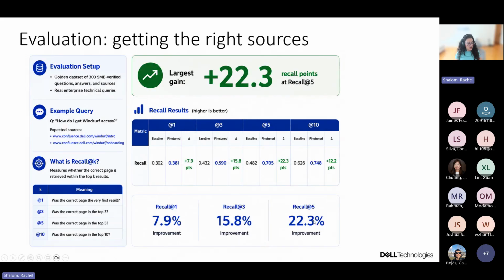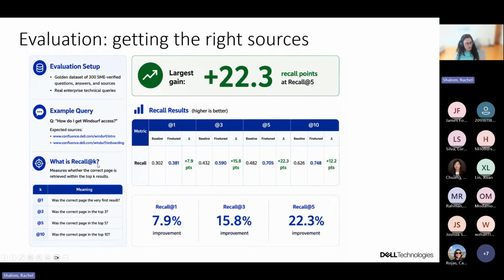But this is an application, so what I really want to check is the quality of the answers. So the evaluation setup was, we had 300 SME verified questions that we tested against. A question would be, how do I get WinSurf access? And then you get expected sources as links.